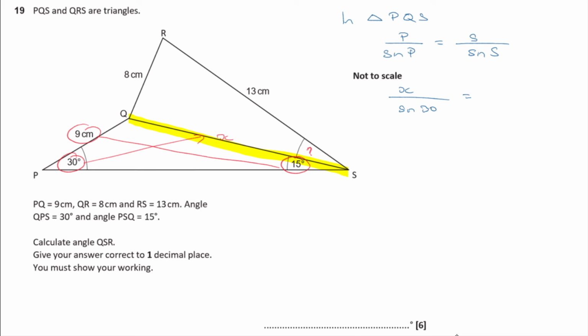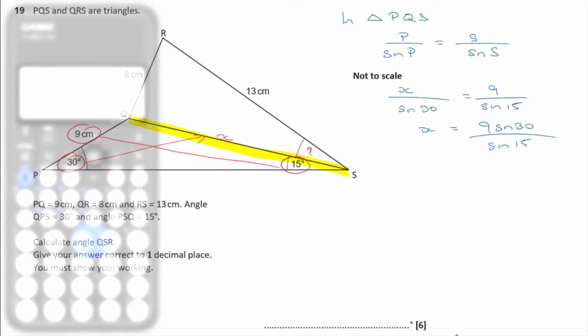And that's equal to S, which I know is 9, divided by sine S, which is sine 15. So rearranging for X, X is equal to 9 sine 30 over sine 15.